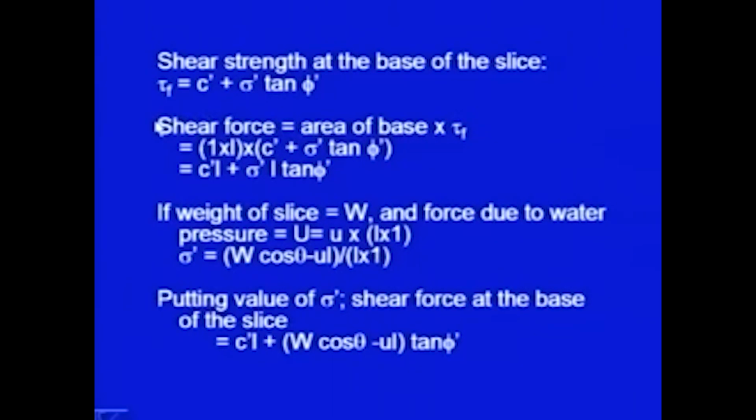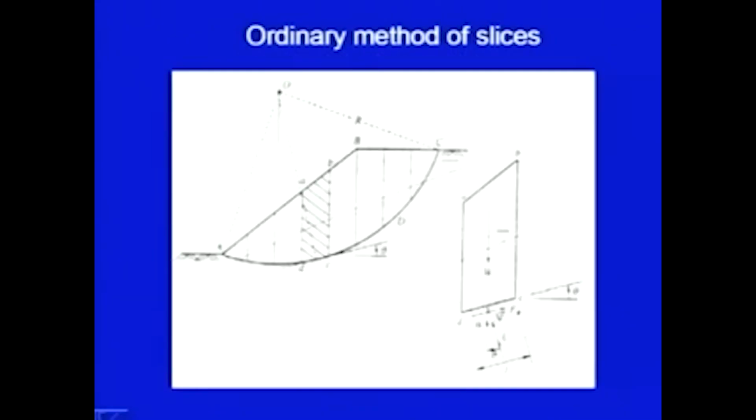So, this is the maximum shear force which can develop. The area of the base is equal to 1 into L. L is this dimension. In fact, this will be roughly equal to this small arc. Theoretically it should be taken as that arc, but roughly you can take this chord DC.